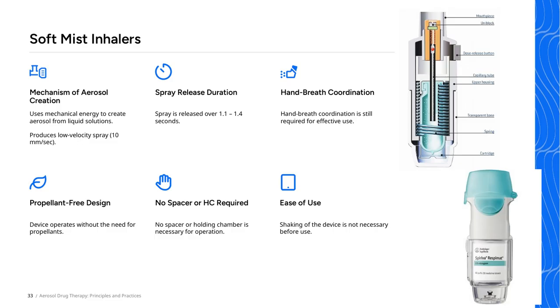This results in a low-velocity spray, around 10 millimeters per second, which helps ensure the medication is delivered gently and efficiently into the lungs. Overall, these features highlight how soft mist inhalers combine simplicity, effectiveness, and environmental consciousness, fitting well into a modern approach to inhaler therapy.